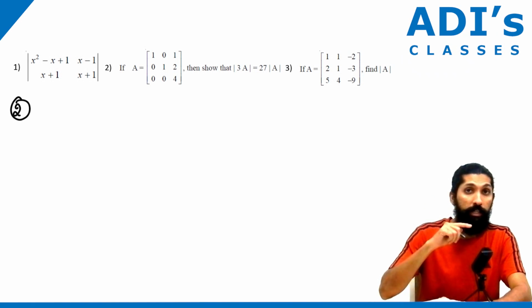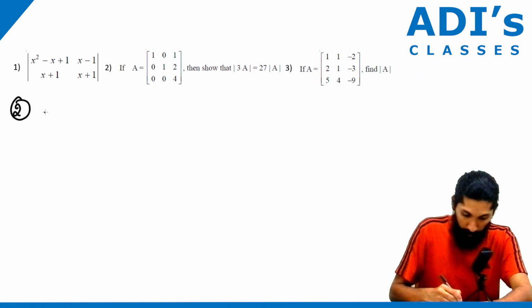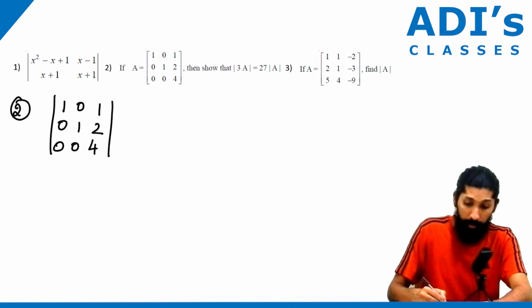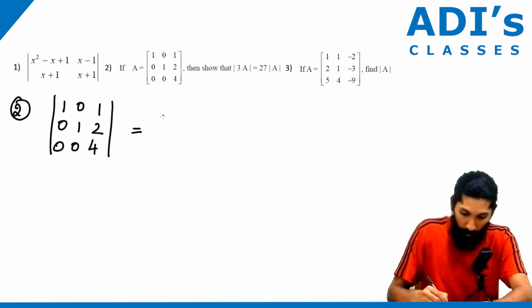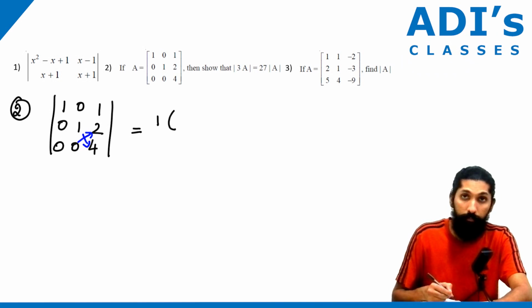First, we'll calculate what is determinant of A, okay? So for determinant of A, we do 1, 0, 1, 0, 1, 2, 0, 0, 4. Determinant of this, you will get 1 into, we'll do 4 into this, this into this, correct?